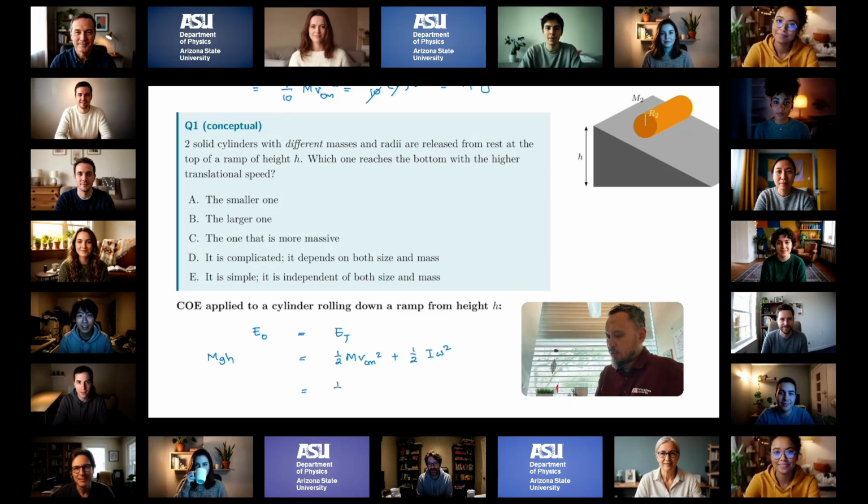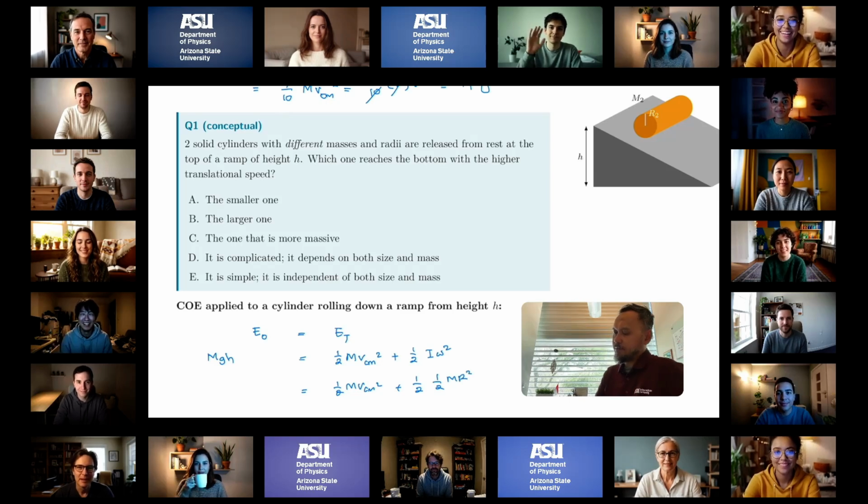So this is equal to 1/2 m v squared. And for a cylinder, the moment of inertia is 1/2 m r squared.